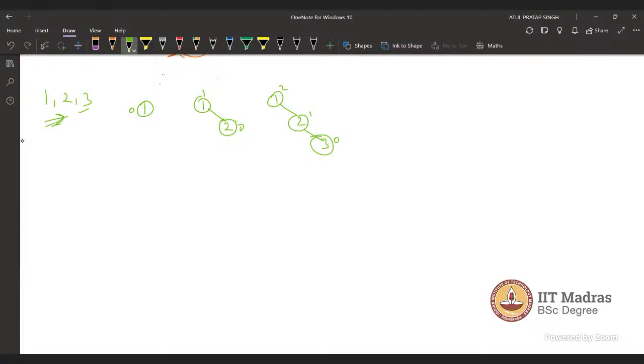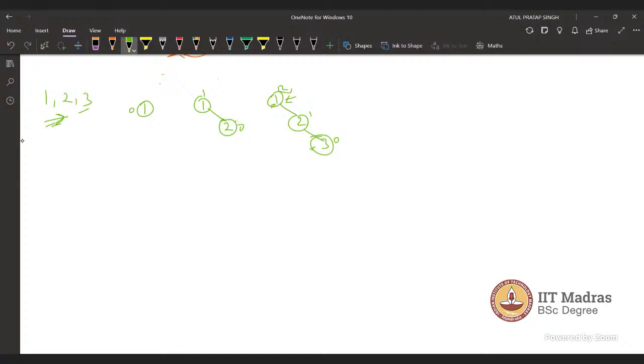At any time, if any node's balance factor becomes 2 or more, we check from the last inserted node position. This is the last inserted node, and we find the first node from there that has a balance factor greater than 1. Then we apply rotation. There are actually 4 types of rotation.